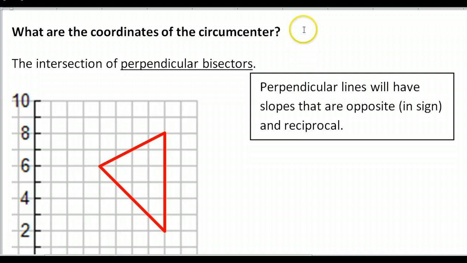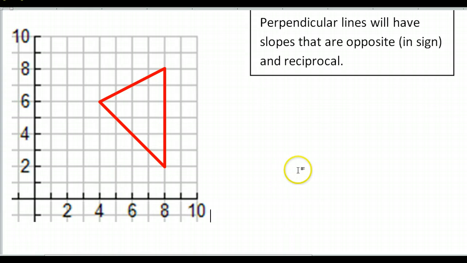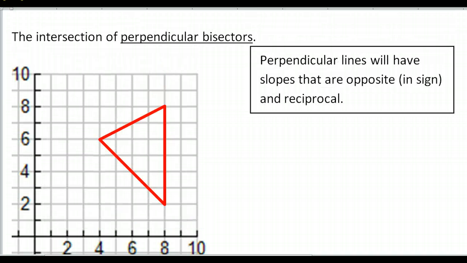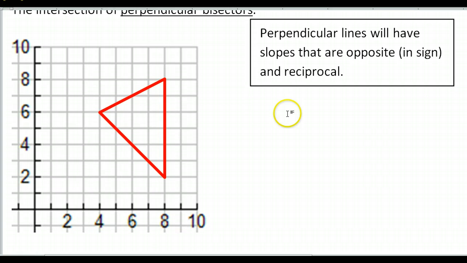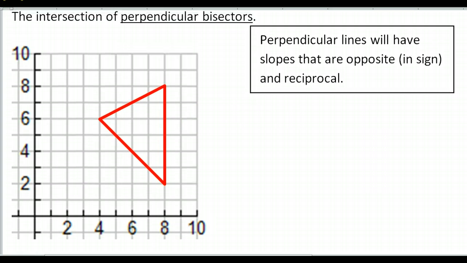What are the coordinates of the circumcenter? That's the question we're trying to answer. And of course, we know that a circumcenter is the intersection of perpendicular bisectors. So we are going to draw at least 2 perpendicular bisectors, and that will show us where the circumcenter is.